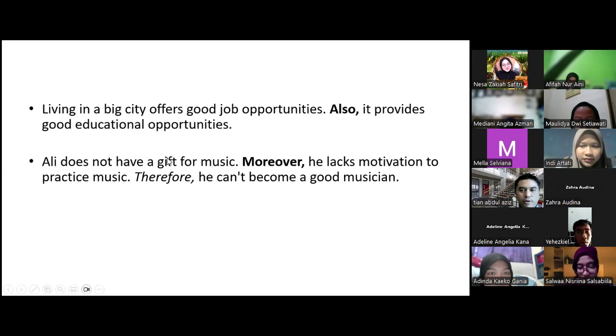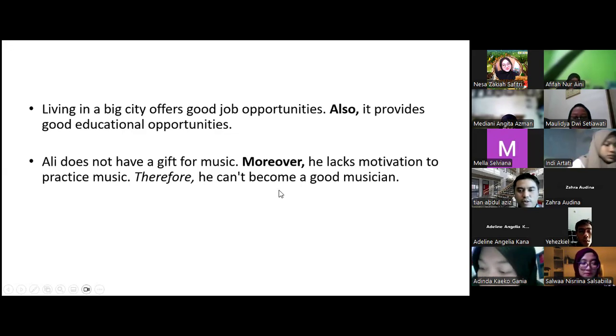So there are two negative things, and we use connectors such as "moreover" to connect these unintended situations in two sentences. And the third sentence, "therefore," indicates the result from the first and the second sentence. The result is that Ali can't become a good musician. Okay.